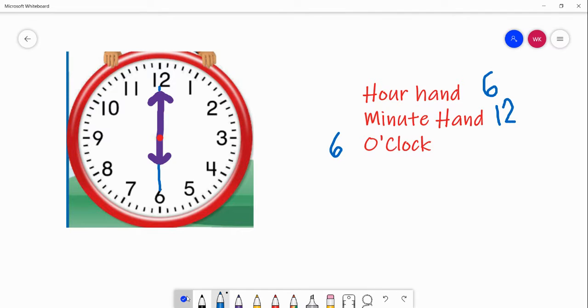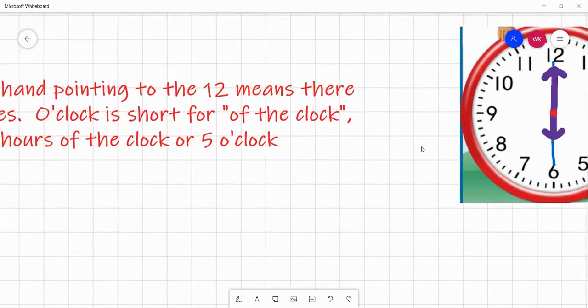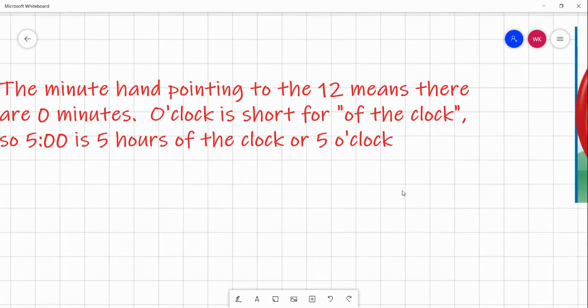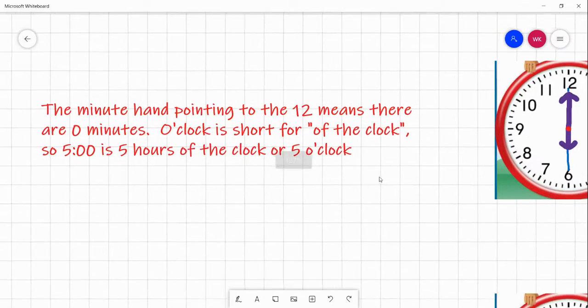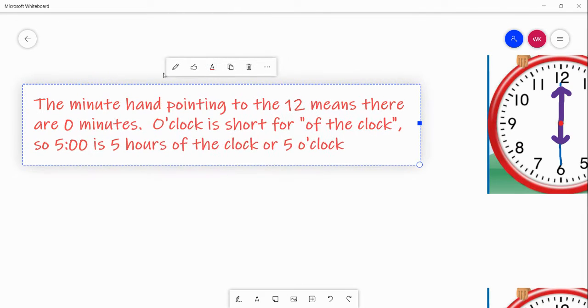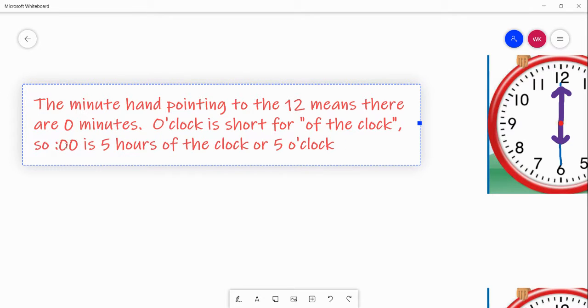So every single time the minute hand is on that 0, it means o'clock. And also, the minute hand pointing to the 12 means that there's 0 minutes. O'clock is short for of the clock. So in this scenario, 6 o'clock is 6 hours of the clock.